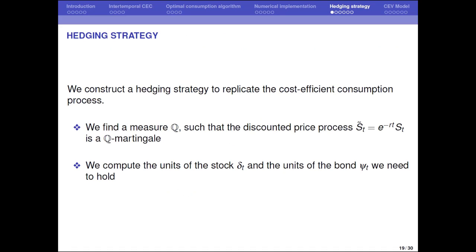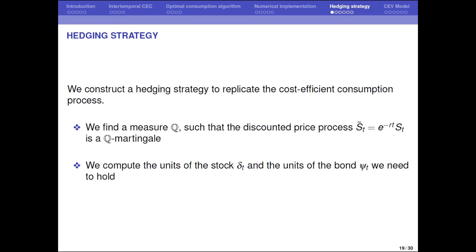Well, I move to the part of how we can hedge this. And we construct a hedging strategy to replicate this cost-efficient consumption problem. The first phase is to find a measure Q so that the discounted price process is a martingale.